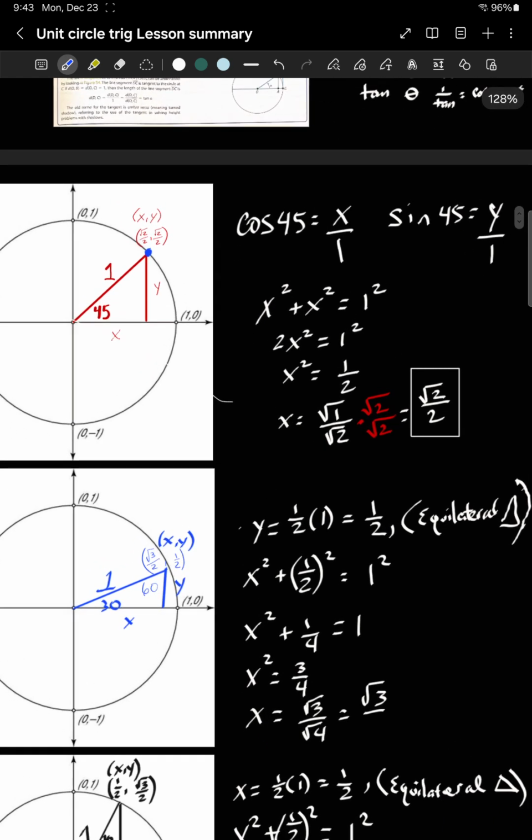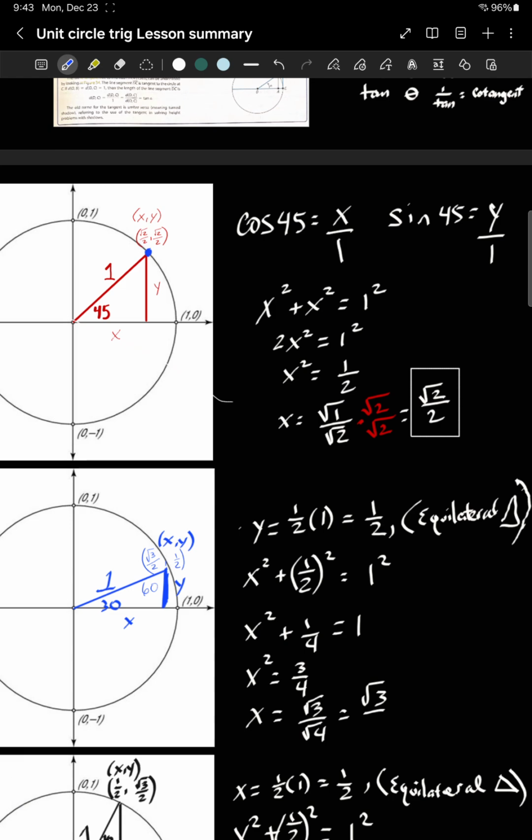Now, what happens if we have a triangle that has a 30-degree angle? If it has a 30-degree angle, what's important is that it came from an equilateral triangle. So this side length, which we're calling y, the y coordinate, is going to be half of the radius. In this case, the radius is 1, so that y value has to be 1/2 because that triangle was cut in half.